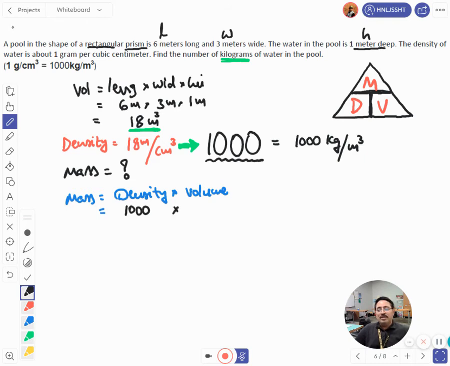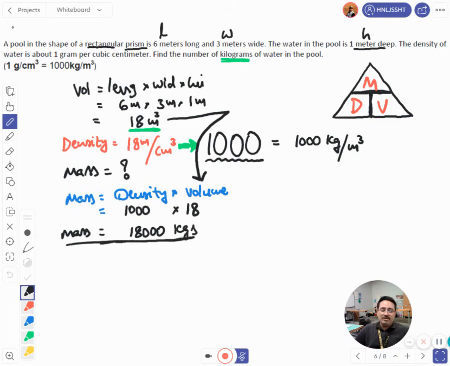What is the volume? You see that volume is 18. So that is to be plugged in here. 1000 times 18 gives me 18,000. By the way, we are computing mass, and these many kilograms. So that is the mass of the water.